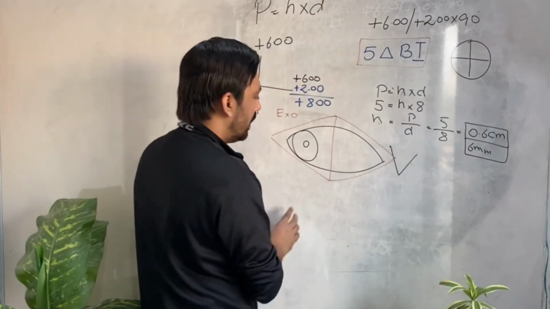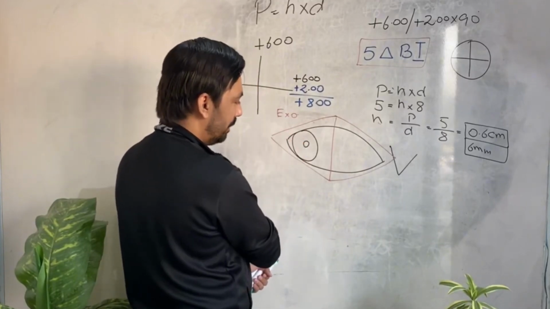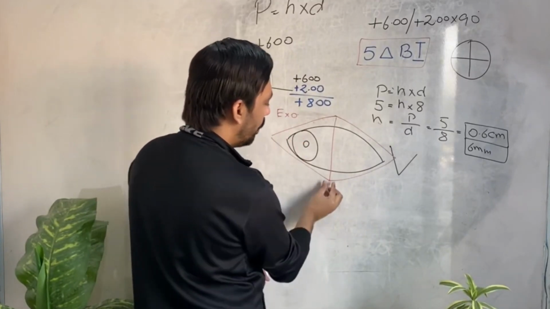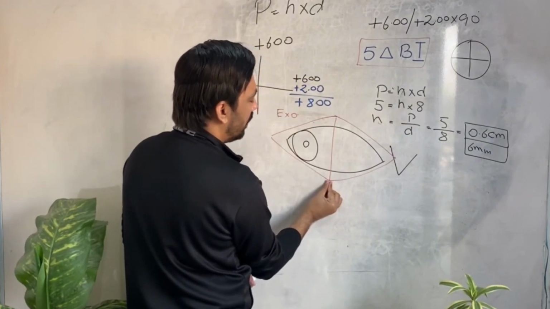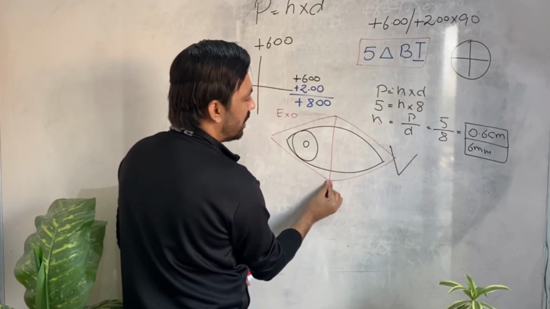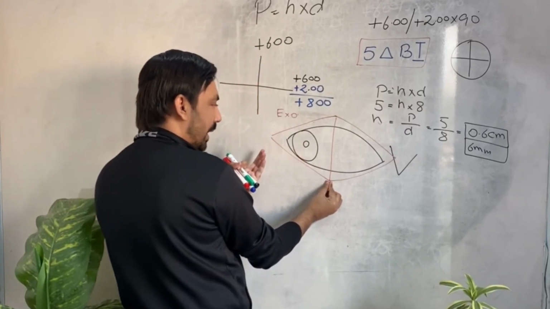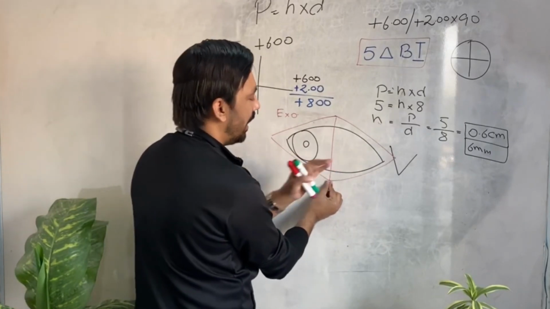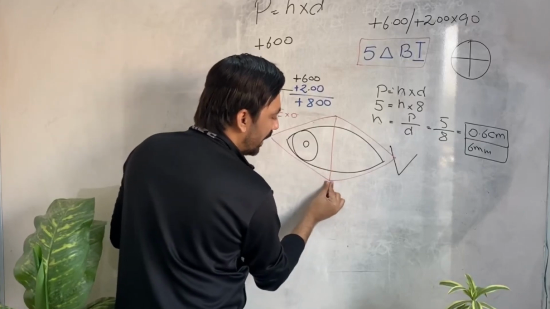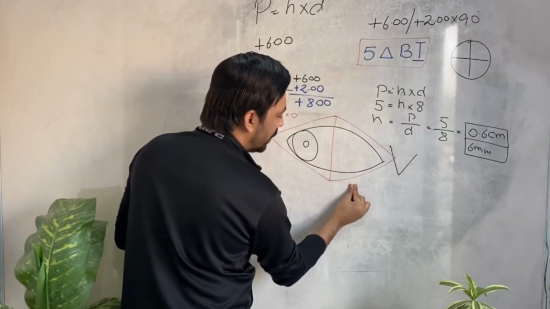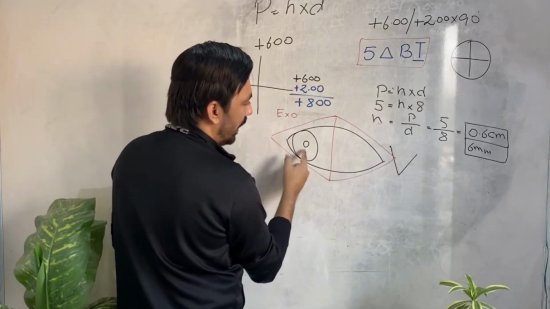So in this case, you can see this is exo deviation. The deviation is outside, exo. So we will pick the lens from the center and decenter this plus lens in the opposite direction. You know what I said? If the deviation is outside, we will decenter the plus spherical lens inside. So we will pick the lens and move in this direction. If I move this lens from this position to this position, this apex will be in front of the deviation, and that's what I want.